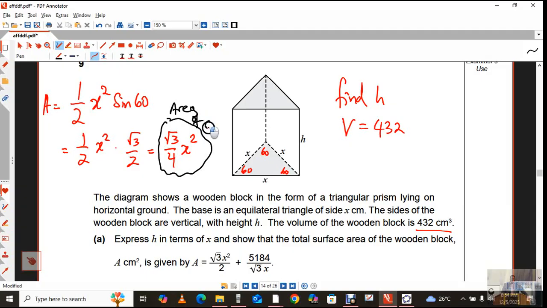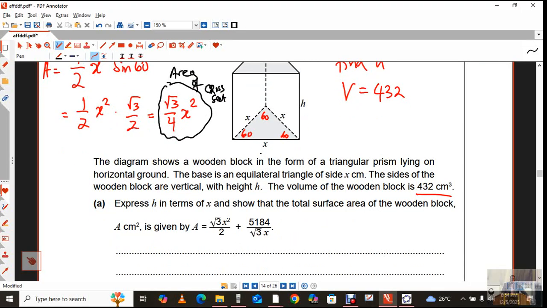So the volume is equal to the area of cross section, which is root 3 over 4 x squared, times the height, h, is equal to 432.